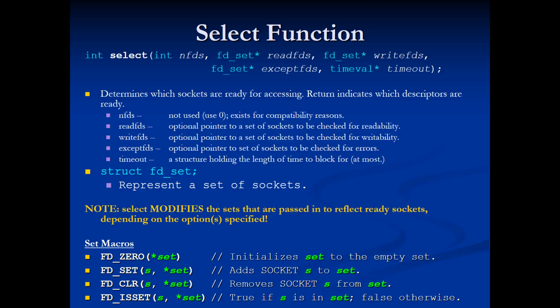So when you call select on the FD set, it modifies it so that it only reflects ready sockets. In our particular example, when select is called, the set becomes the listen socket, the socket connected to client B, and the socket connected to client C. The socket connected to client A is not going to be in that set.